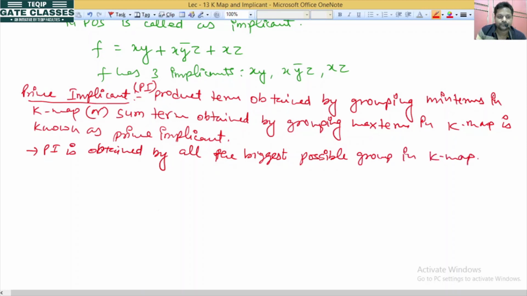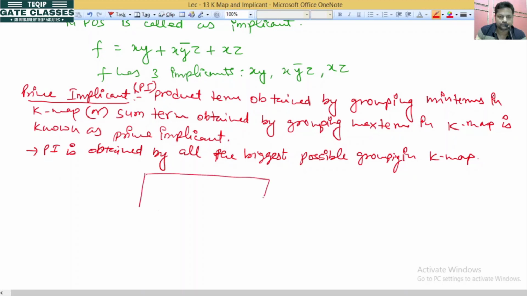PI is obtained by all the biggest possible groups. So however many biggest groups you can form, you can try for that. That will be our PI.